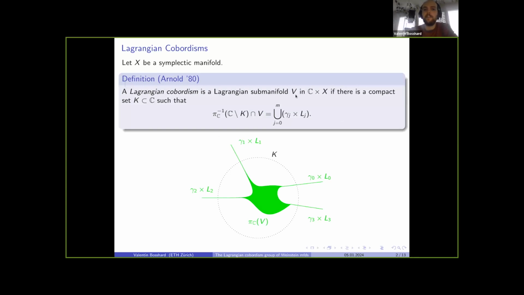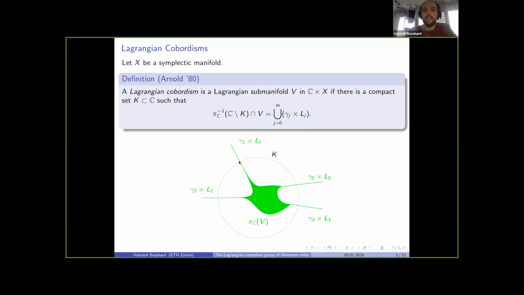a Lagrangian submanifold V that lives in the product of the complex plane with our symplectic manifold, such that if you project this V to the complex plane, then it looks like this green submanifold. And it has a property that outside a compact region of the plane, it just looks like a product.